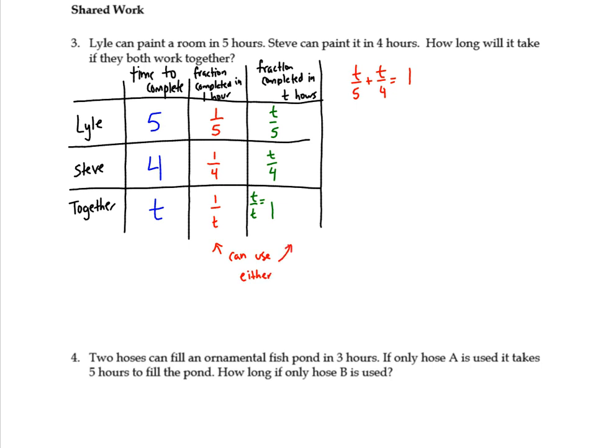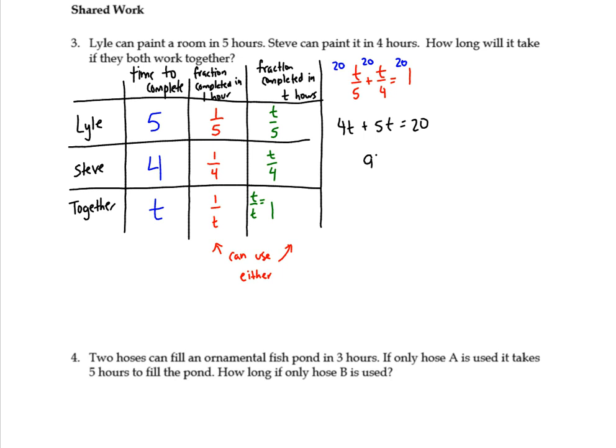So here, what would be the common denominator? 20. So we're going to multiply everybody by 20. What is 20 times t over 5? 4t, plus 20 times t over 4, 5t, equals 20.